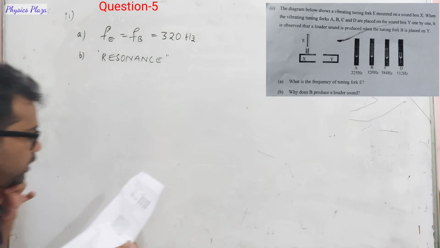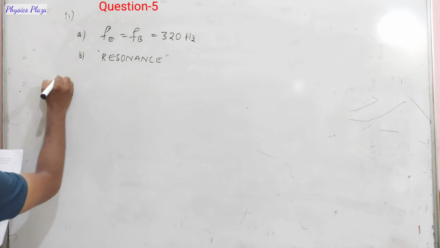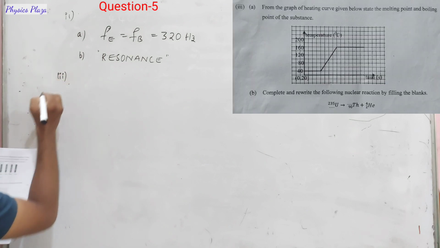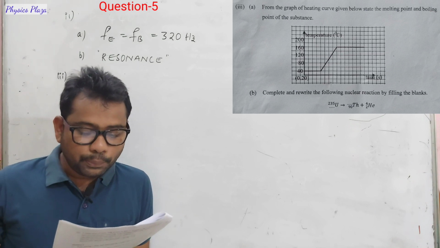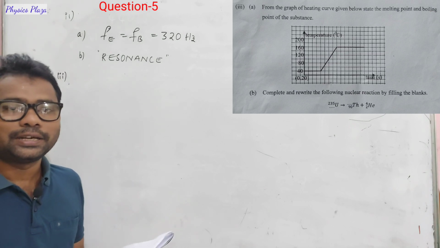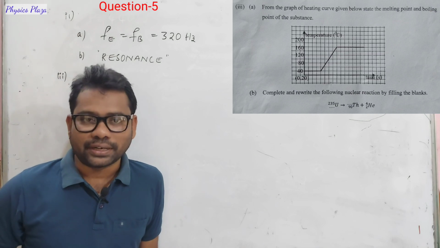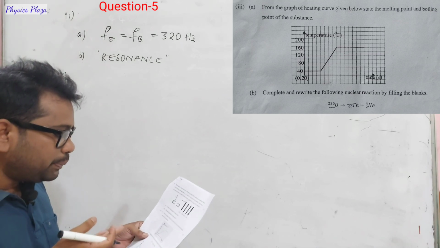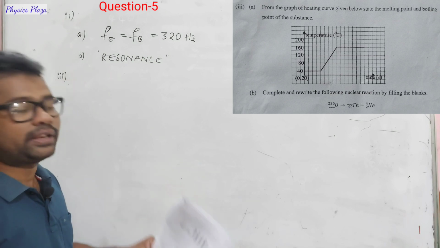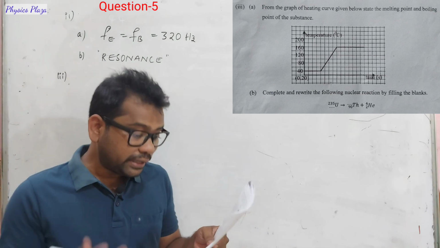Okay, fine. Now moving to the third part of question number 5. Children, here from the heating curve graph given below, state the melting point and the boiling point. Children, it is a dead easy question. In the diagram it is very clear. You look at 40 degrees Celsius, children.